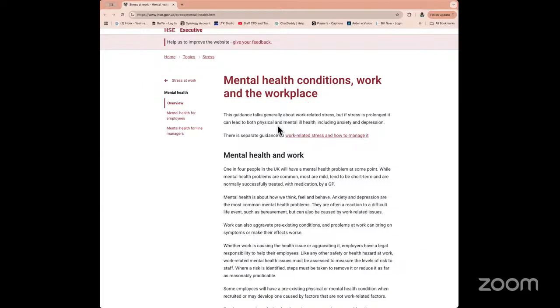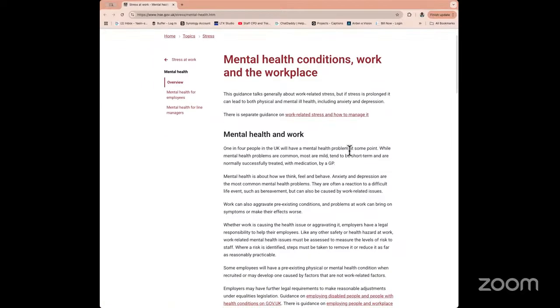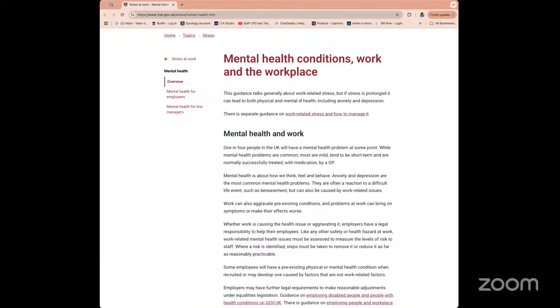Now, this guidance relates to work related stress, but stress can be prolonged and affect both physical and mental health and cause mental ill health, because it includes anxiety and depression. So, how do you manage work related stress, and what kind of effect does it have? It talks about causes and effects and identification of common types of mental ill health in the workplace.